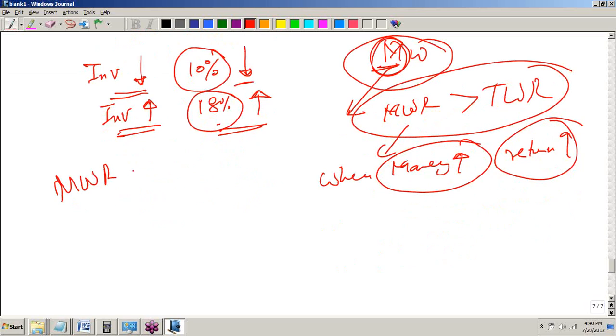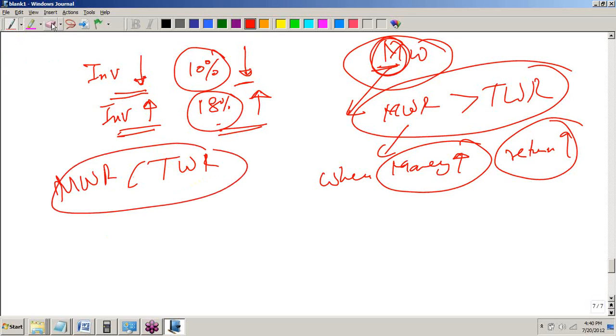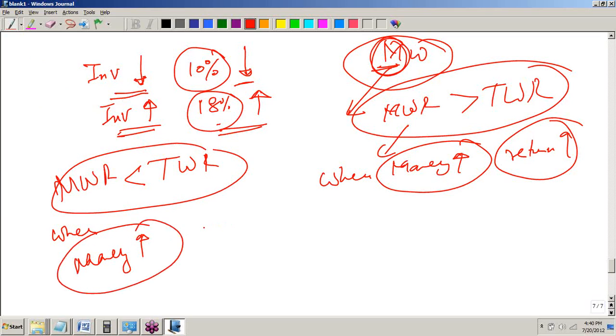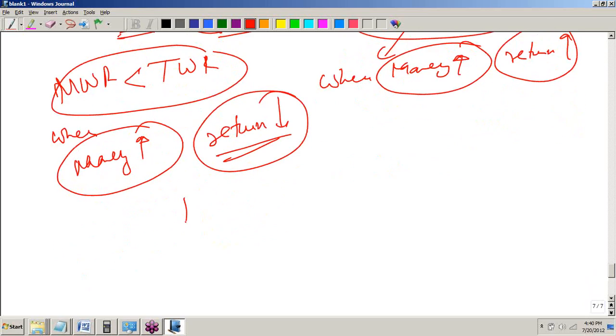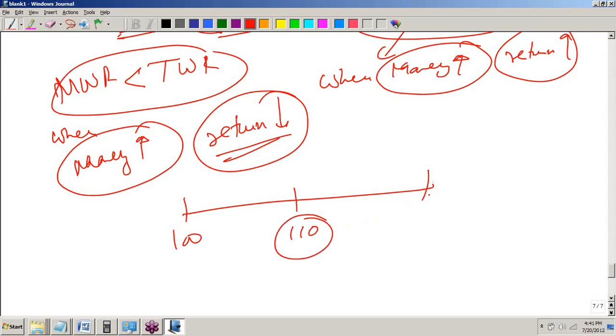Whereas money weighted return will be less than time weighted return when money is increasing but your return is decreasing. That will be the situation. As an example over here, instead of 100 becoming 110 and then 130, let's say it becomes 120.